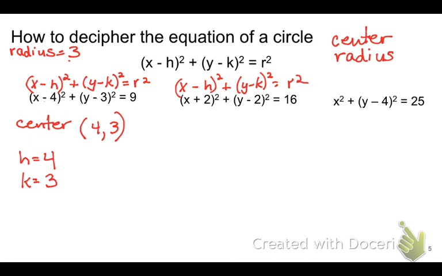Right off the bat, our radius is going to be equal to 4, because the square root of 16 is 4. But let's look at these numbers. For h, notice the equation has a plus here.